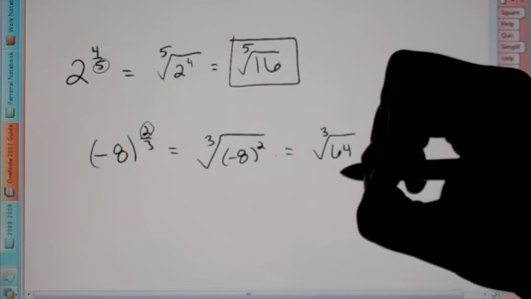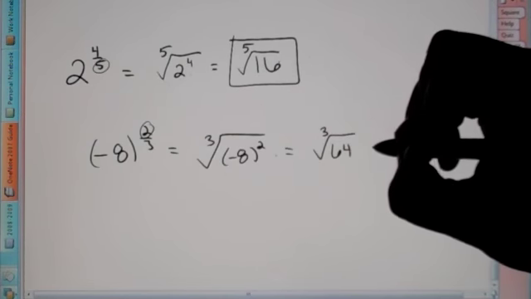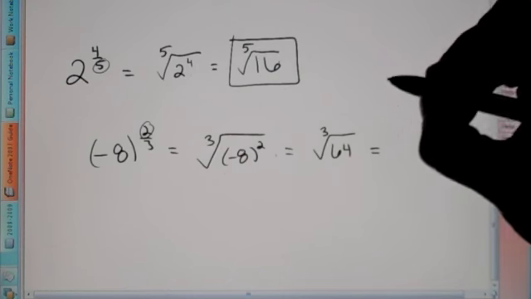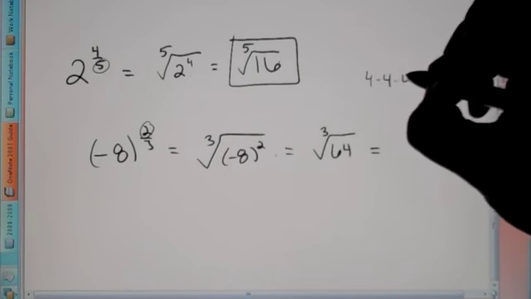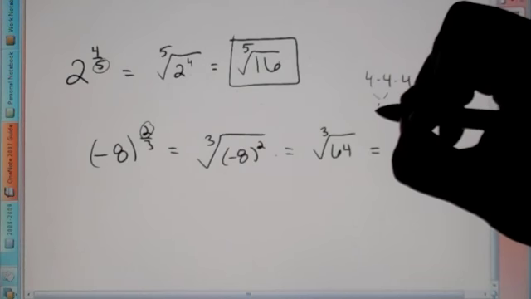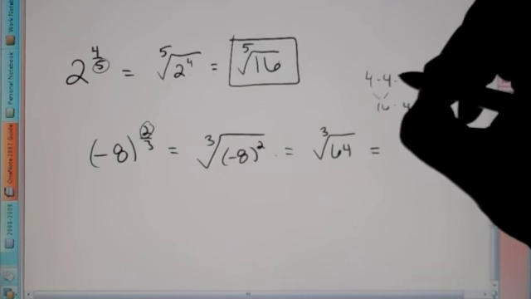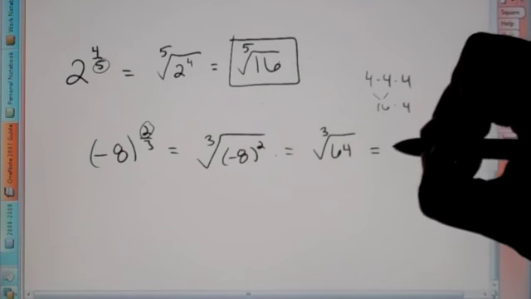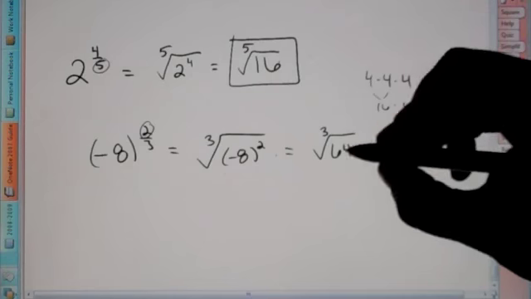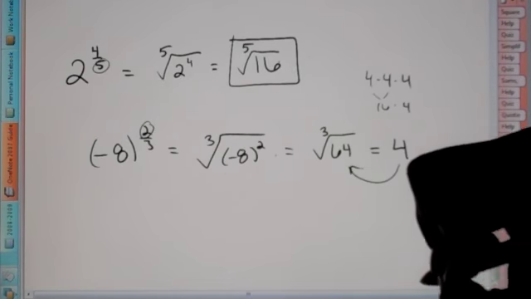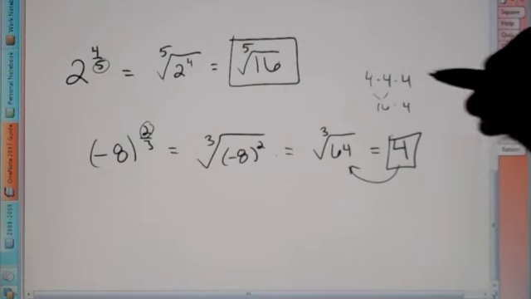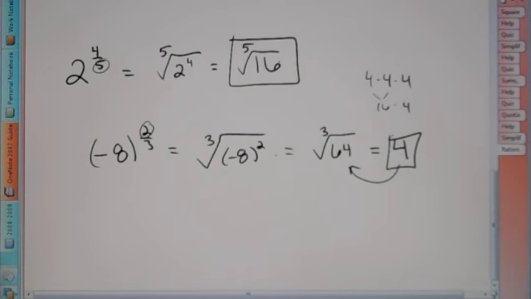Negative 8 times negative 8 is 64. Now we have to see, can you take the third root of 64? Well, 4 times 4 times 4. So that's 16 times 4, which is 64. So the third root of 64 would be 4, because 4 to the third power equals 64. Okay? So again, it's about knowing how to rewrite exponents as radicals and radicals as exponents.